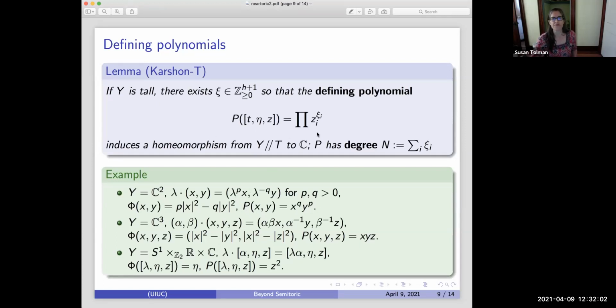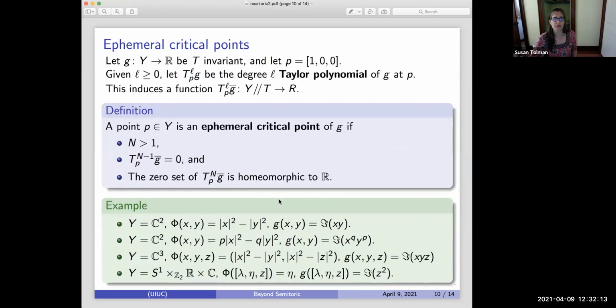The defining polynomial gives you a homeomorphism from the reduced space to C. So if you just take the imaginary part of the defining polynomial, it will always satisfy this. And the defining polynomial has degree n, so the n minus 1 term automatically vanishes. So it's clear that this is an example, based on our theorem on the previous page.